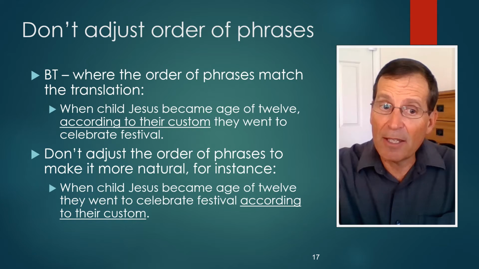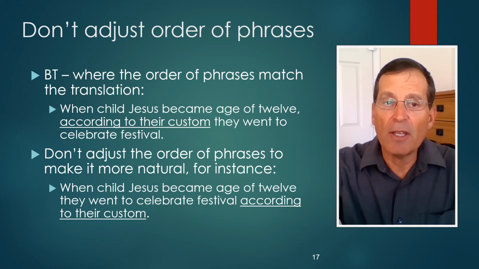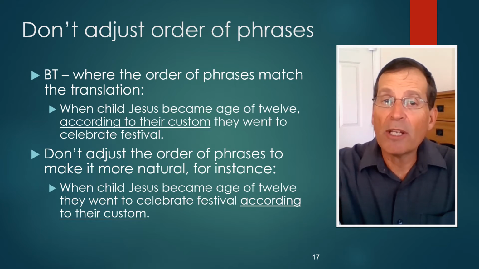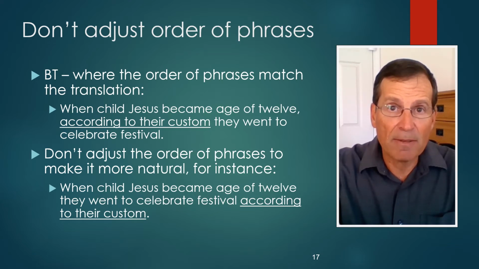For instance, like this. When child Jesus became age of 12, they went to celebrate festival according to their custom. So in natural English, according to their custom would be at the end, but it's not necessary to adjust the order of the phrases, just the word order within phrases.